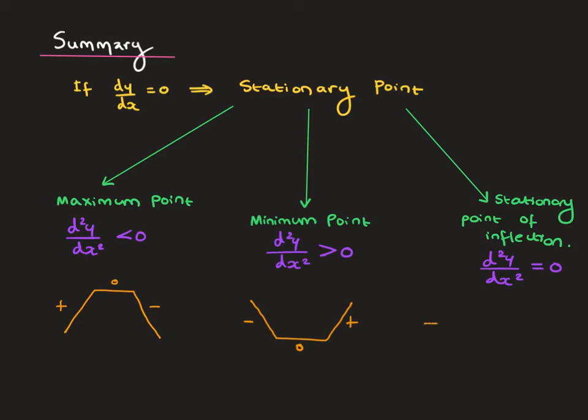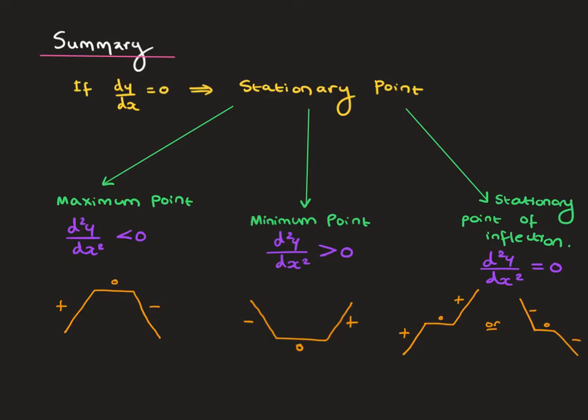Now, for a stationary point of inflection, the gradient is of course 0, but before the stationary point of inflection and after the stationary point of inflection, the gradient will be positive in both cases, or it could be the other way around, and we have a negative gradient, then a 0 gradient, and then a negative gradient again.